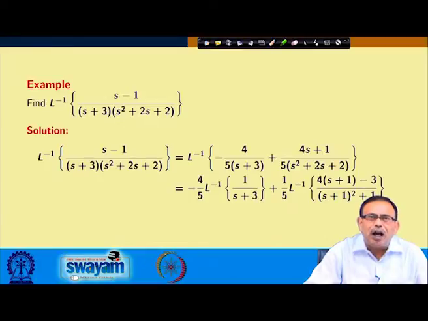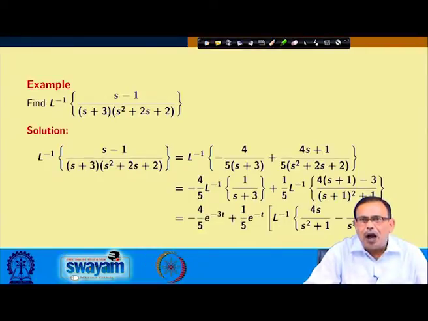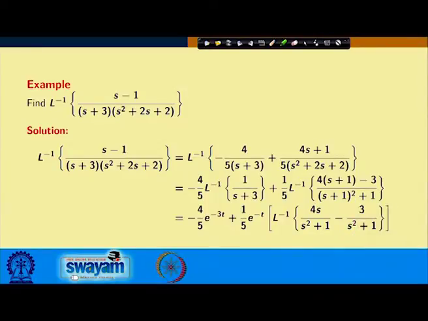So, using that I am writing this as 4 s plus 1 by s plus 1 whole square plus 1. This I can write down as s plus 1, so it is s plus a. I am making it e to the power minus t, because e to the power minus a t was there, and a is minus 1. I can write it simply as e to the power minus t into 4 s by s square plus 1.